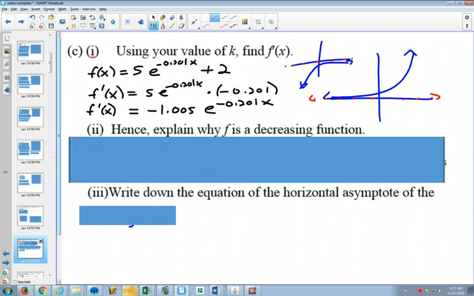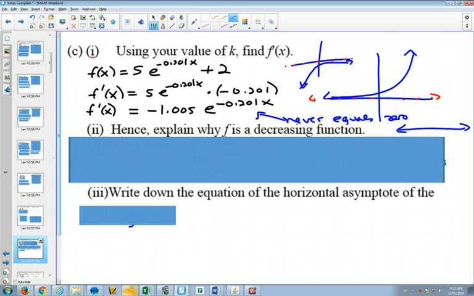The key thing that I want you to notice from this is that f prime here never equals 0. So if we were finding our critical points to find out where our function was increasing and decreasing, when we draw our line, there would be none to put on there.